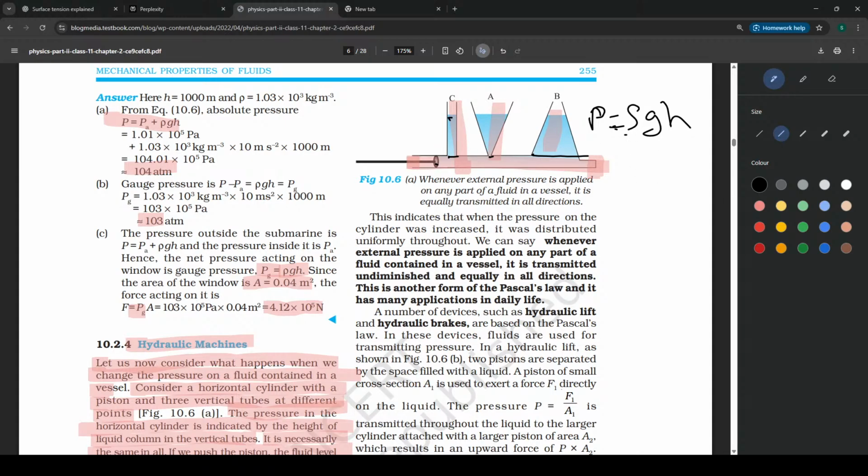and it depends on the density of the liquid, which is the same in all 3 cases, and gravity, which is also the same because they are at the same height; acceleration due to gravity has very minimal change.